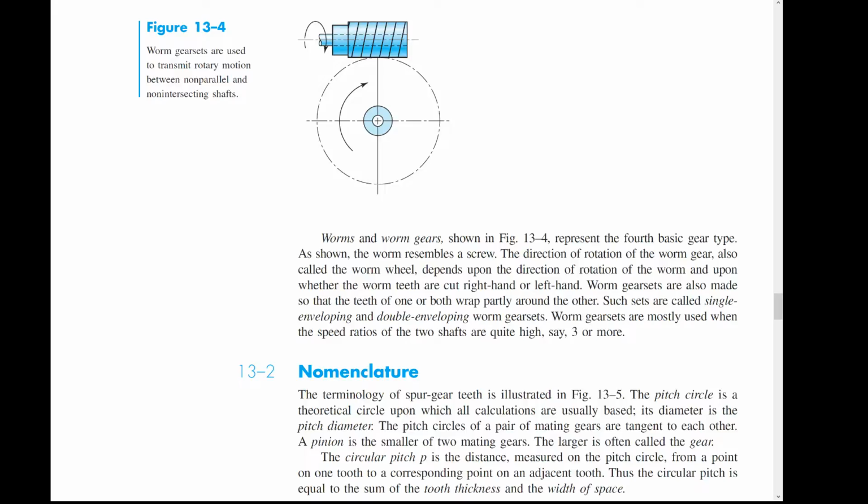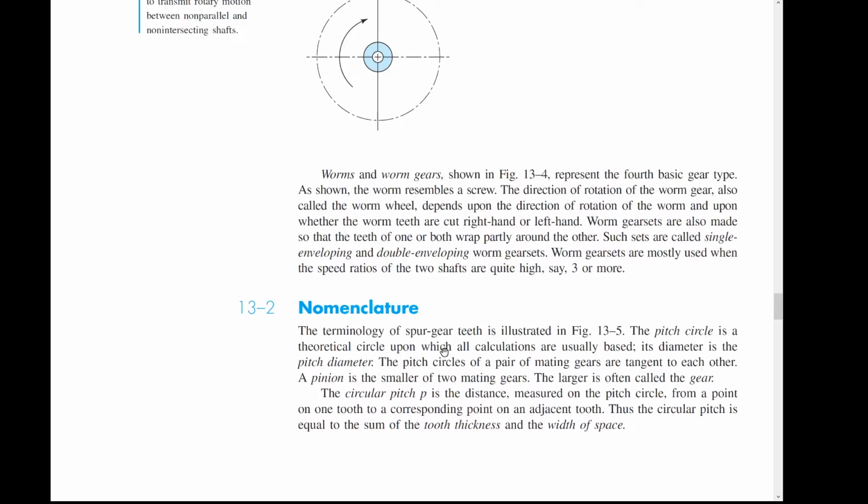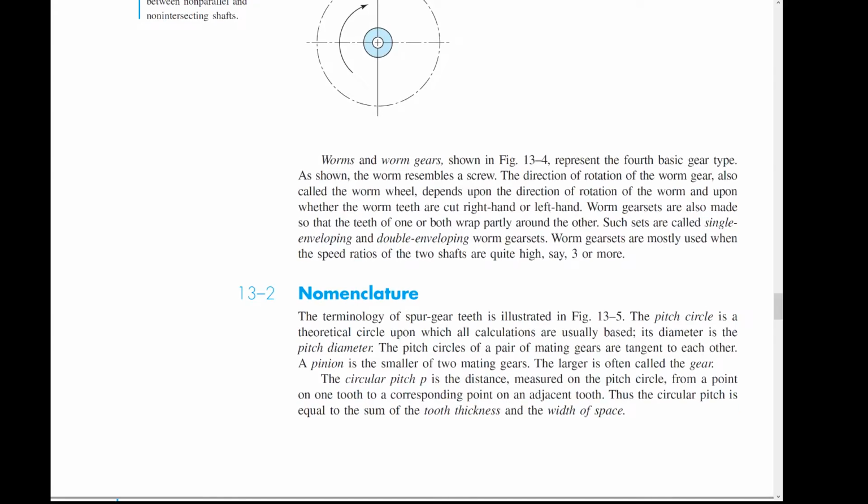The direction of rotation of the worm gear, also called the worm wheel, depends upon the direction of rotation of the worm and upon whether the worm teeth are cut right or left-handed. Worm gear sets are also made so that the teeth of one or both wrap partly around the other. Such sets are called single enveloping and double enveloping worm gear sets. Worm gear sets are mostly used when the speed ratios of the two shafts are quite high, say 3 or more.